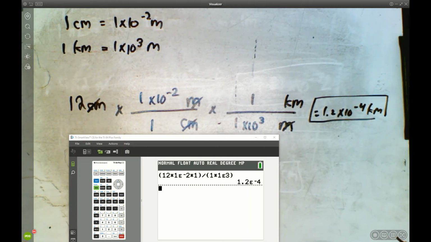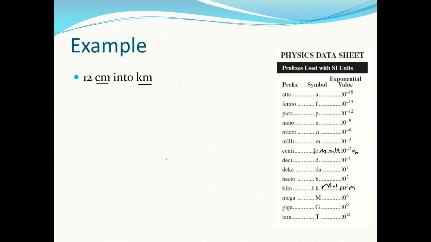Okay, let's try the next one. 3 meganewtons into femtonewtons. So I'm going to do meganewtons first. 1 meganewton equals 10 to the 6 newtons, and a femtonewton is equal to 1 times 10 to the negative 15 newtons.